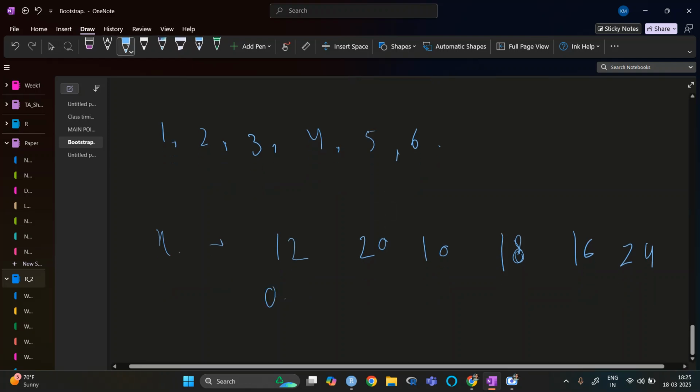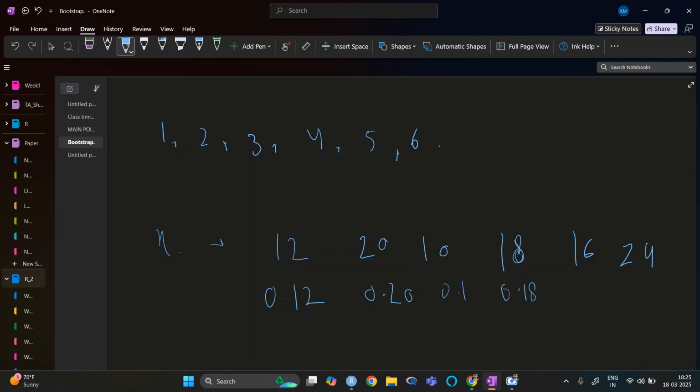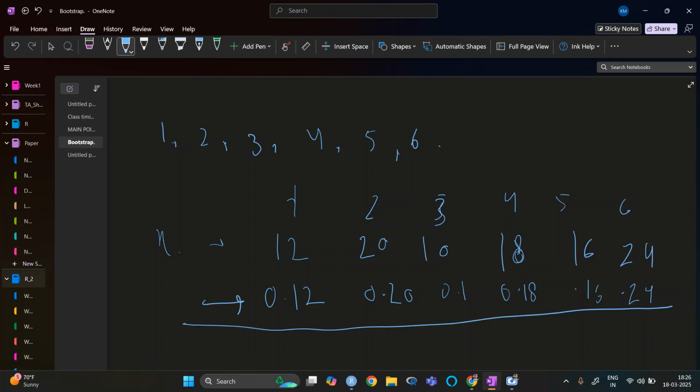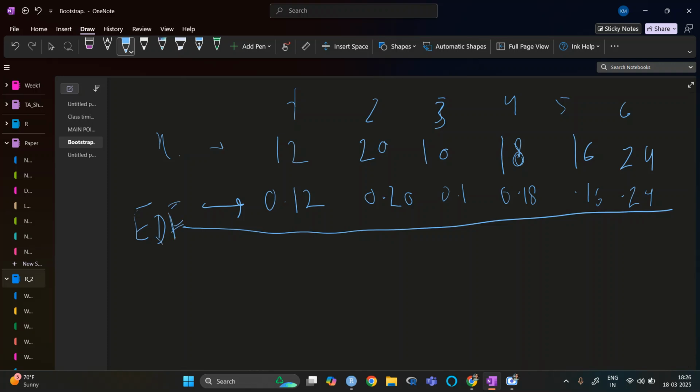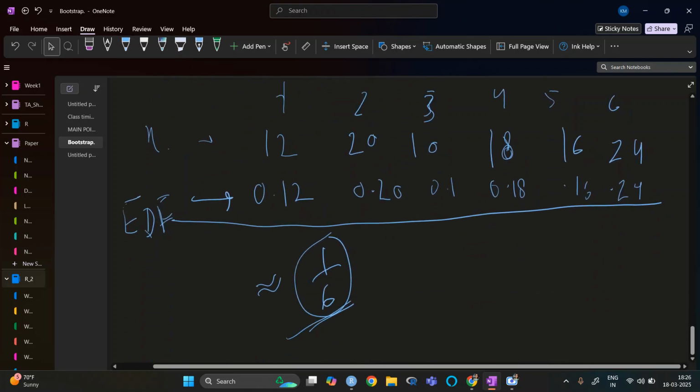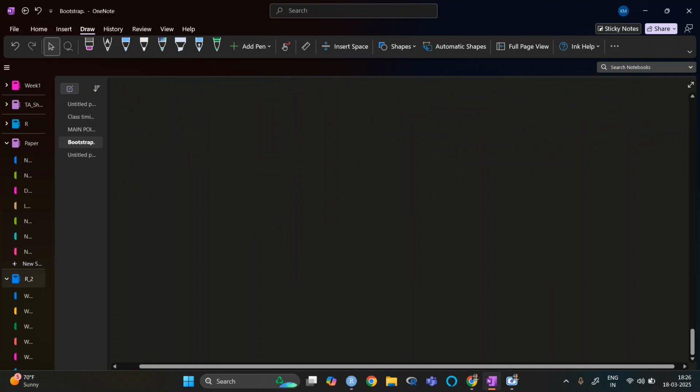So its probability will be 0.12, 0.20, 0.10, 0.18, 0.16, and 0.24 for 1, 2, 3, 4, 5, 6. So this is the EDF. Now this has been rolled 100 times. If we roll it 1000 times, it will change, and then it will be near 1 by 6. So this is the reason why we do that.